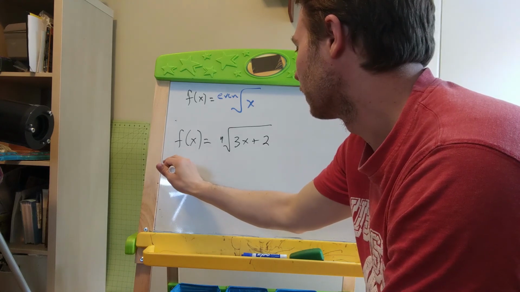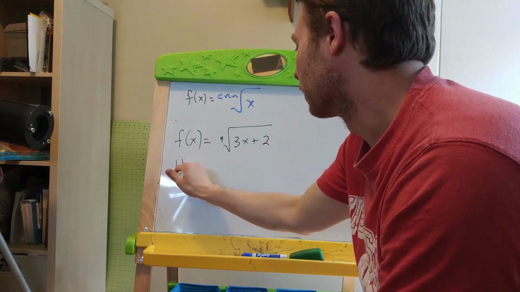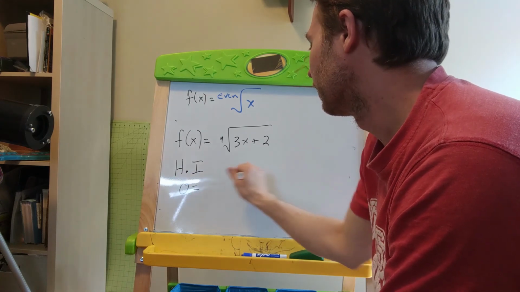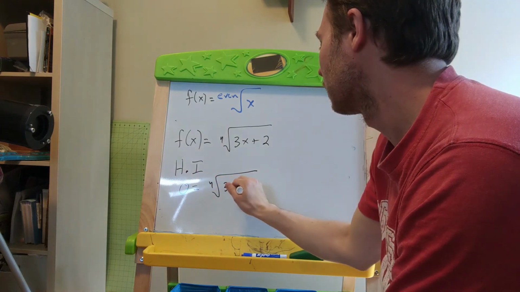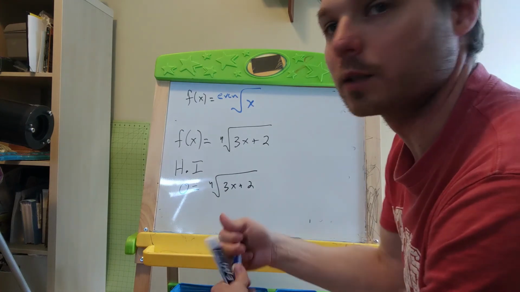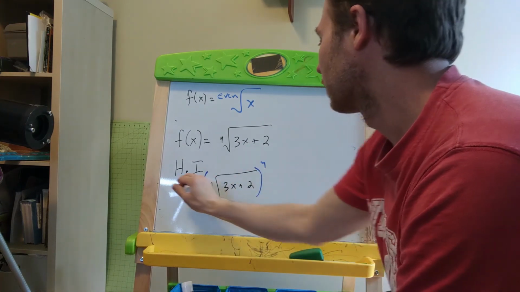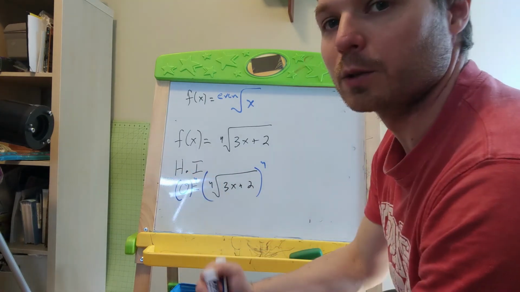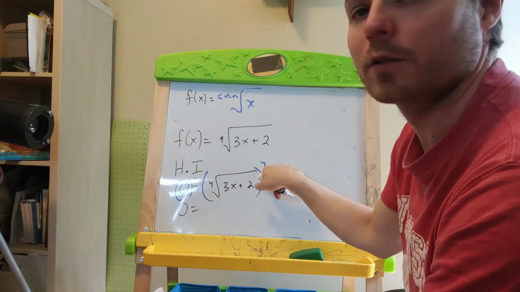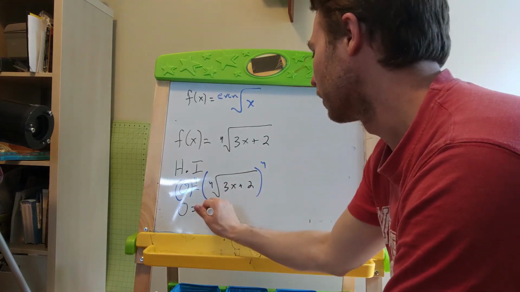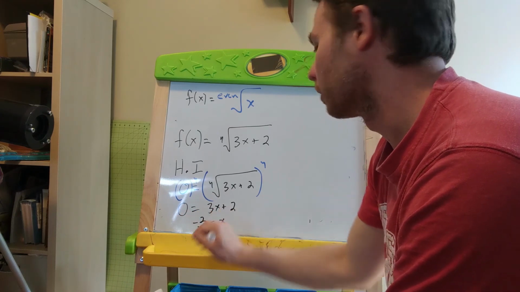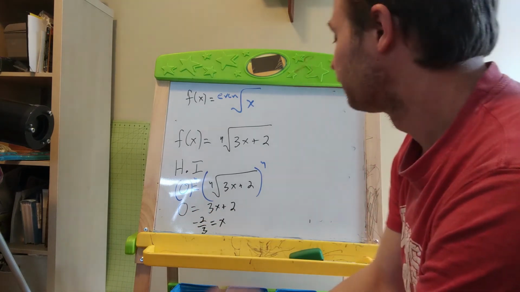We can figure out the horizontal intercept pretty easily. We just set the output equal to 0, so it's the fourth root of this. To undo that fourth root, I'm going to take both sides to the power of 4. The 0 stays 0, so that's pretty nice. Taking both sides to the fourth power undoes the fourth root, so we end up with 3x plus 2. So I'm going to have negative 2/3 as my horizontal intercept.